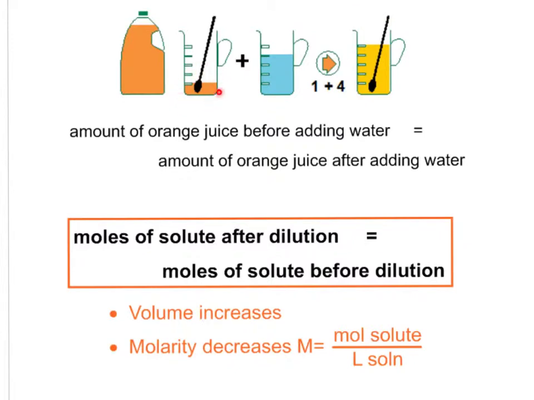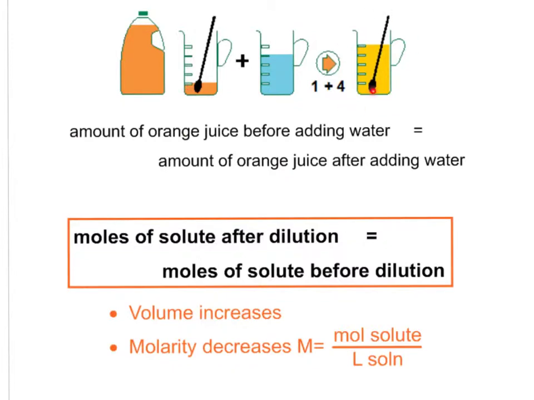Here, we have a certain amount of orange juice in our pitcher. We still have that exact same amount of orange juice, it's just diluted. We didn't take any away, we didn't add any, we just added water. So the amount of orange juice before is the same as the amount of orange juice, the concentrate part, after adding the water. And our volume obviously increased.